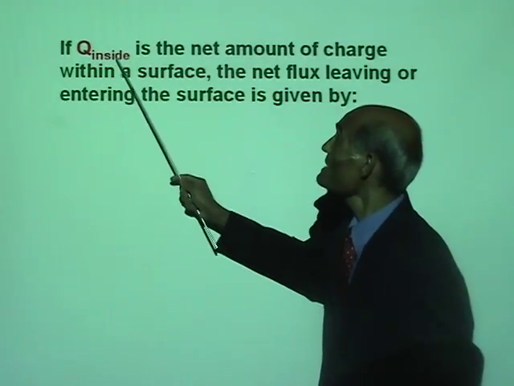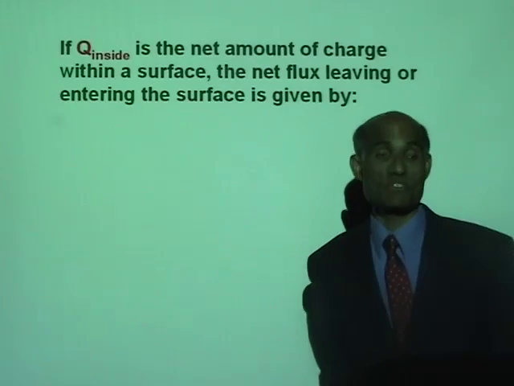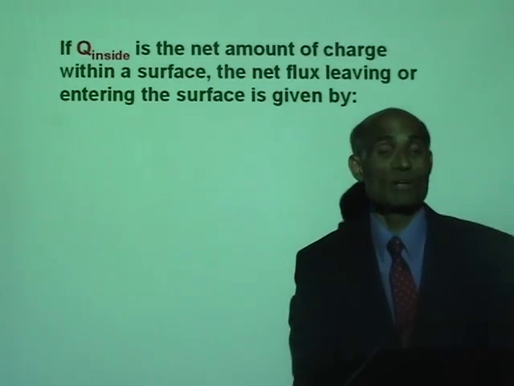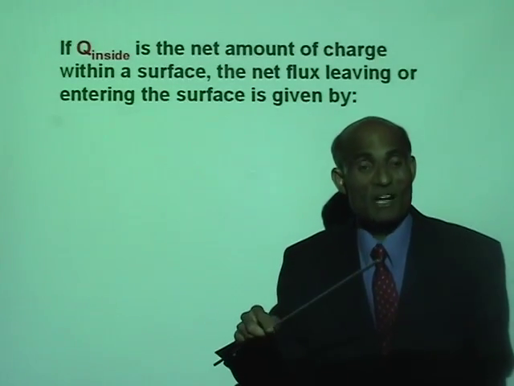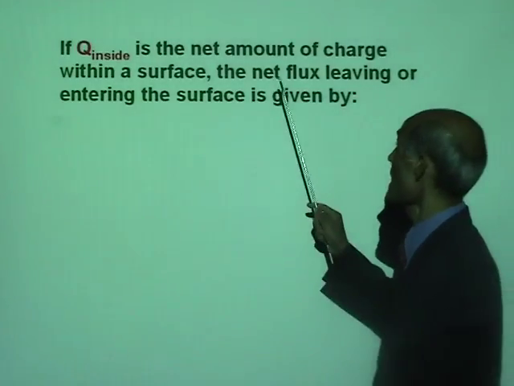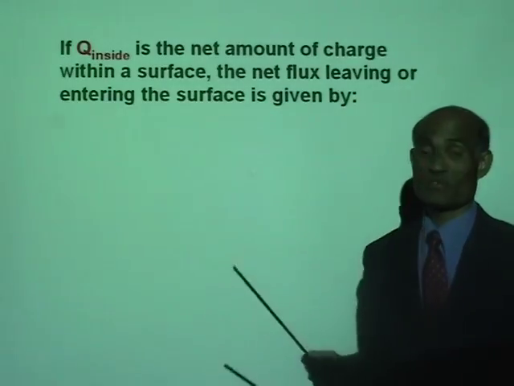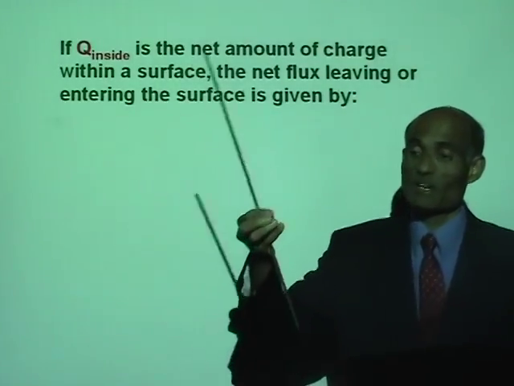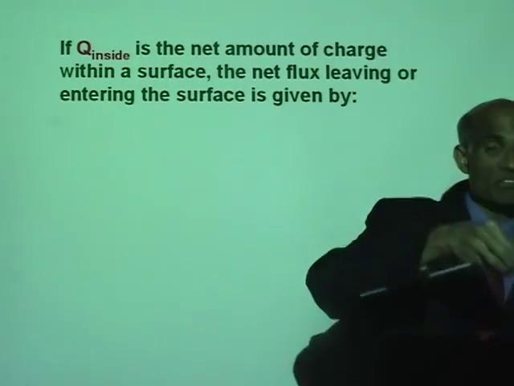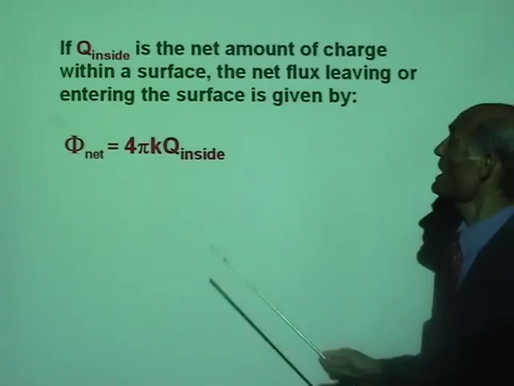Now, if Q inside is the net amount of charge within a surface. From now on, we're going to call the amount of charge inside a surface Q inside. Then the net flux leaving or entering the surface. When I say the net flux, it can be the net flux entering or the net flux leaving. So, what is the expression then?